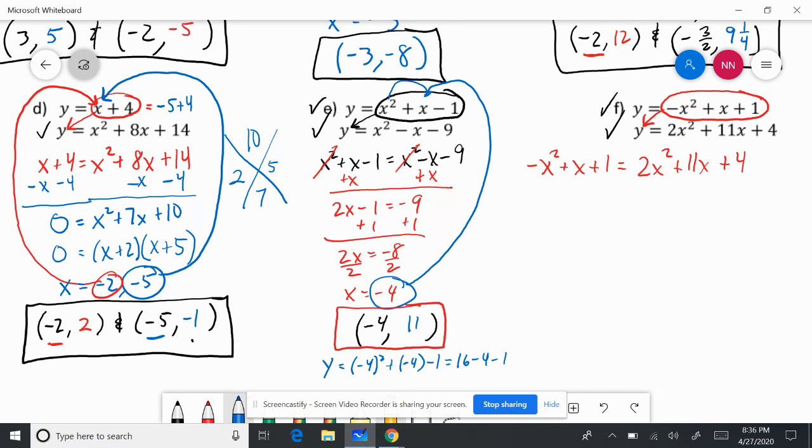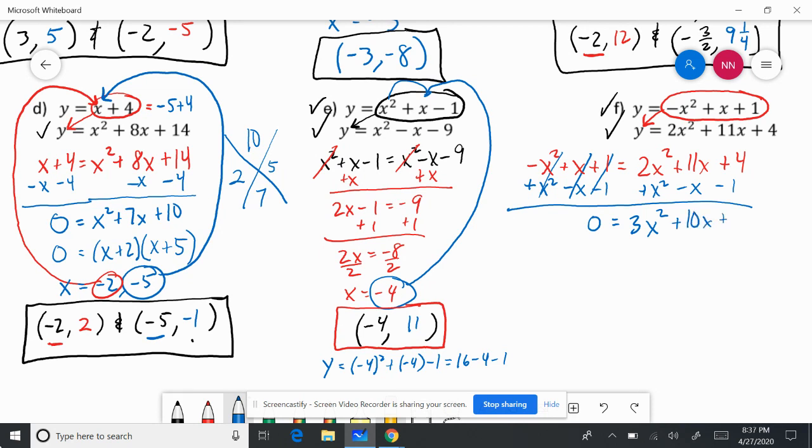The x squareds can't cancel, so I still have a quadratic equation. That means I need to set it equal to 0. So I'm adding the x squared, subtracting the x, subtracting the 1, and here it is equal to 0. This right here gives me 3x squared plus 10x plus 3.